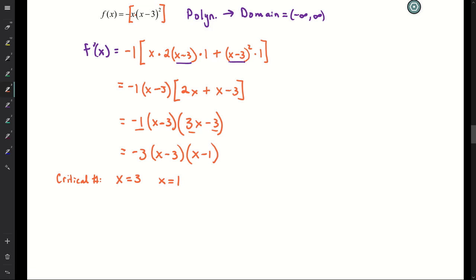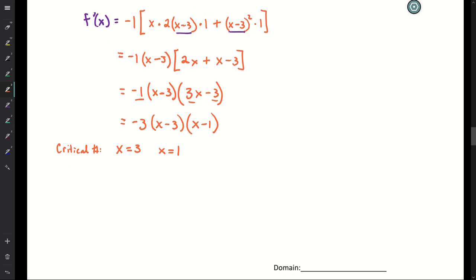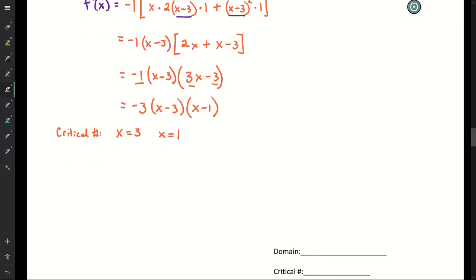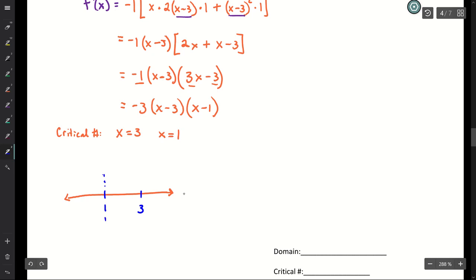Okay. So from here, what I'm going to do is go ahead and work on increasing, decreasing. So for increasing, decreasing, I put my critical numbers for my first derivative on a number line. Put them in order. So there I've got a 1, and then I've got a 3. And I'll just dot these off. This is not being asymptotes, it's just reference here.